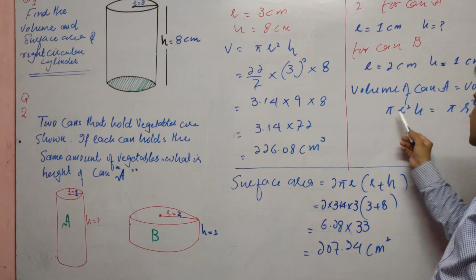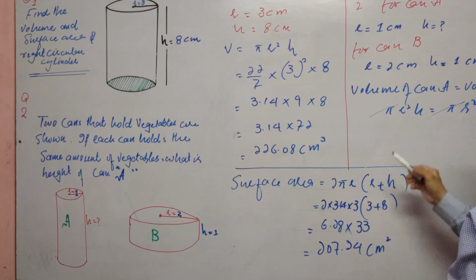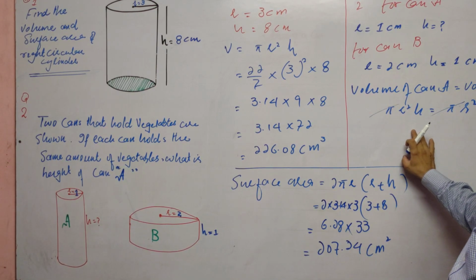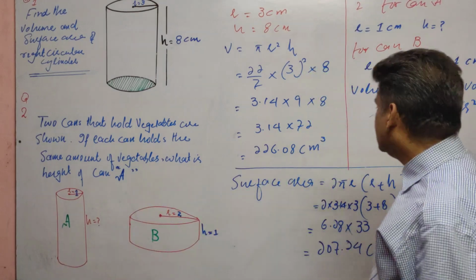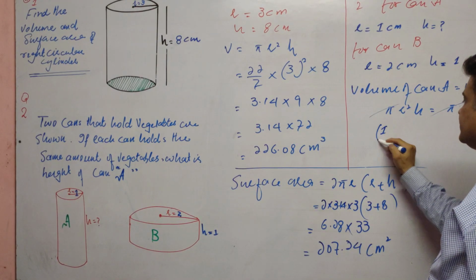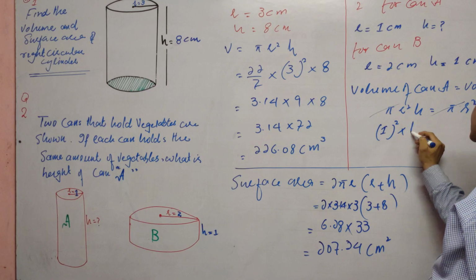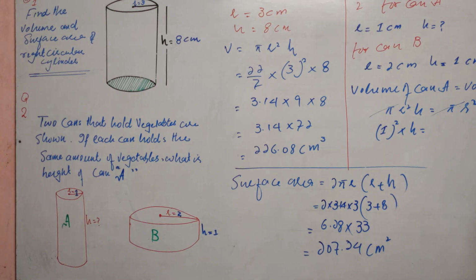We cancel pi from both sides. R for can A is equal to 1. We write square of 1 times h. For can B, the radius is 2, we write 2 square.